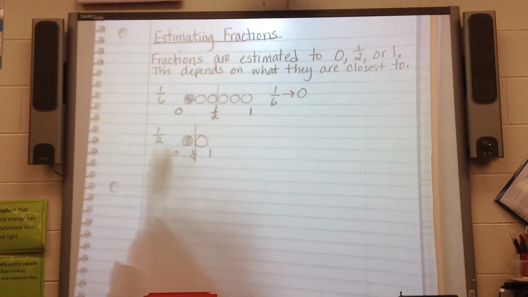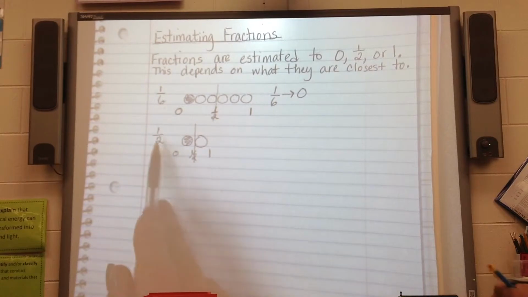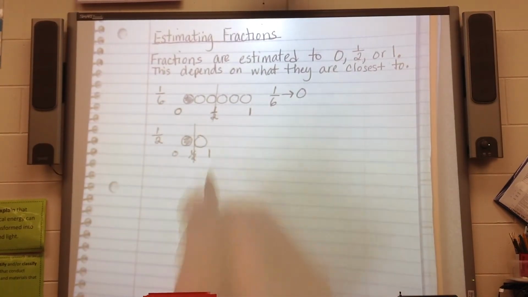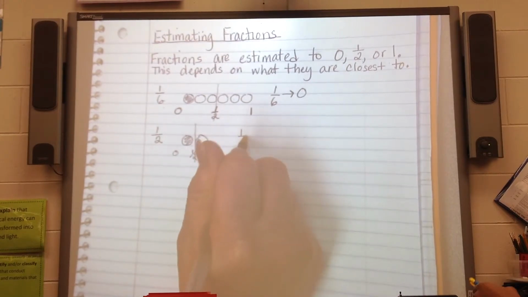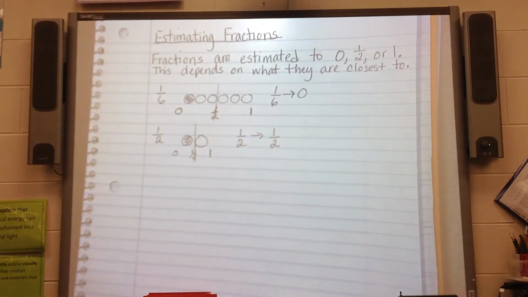Well, if that happens, guess what? 1/2 is still just 1/2. It's about 1/2. So the only one that doesn't work for this rule about the 1s always being 0s is 1/2, which is about 1/2. If you have 1 out of 2, you have a half of what you have. If I have 2 candy bars and I only have 1 of them, I have half of the candy bars.